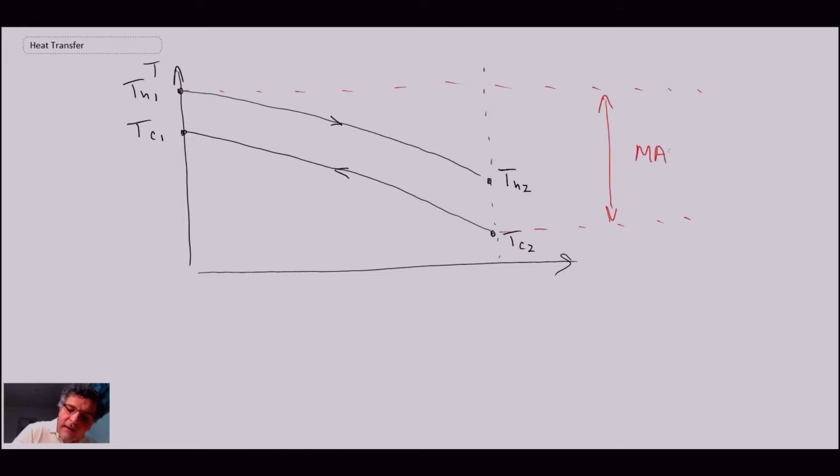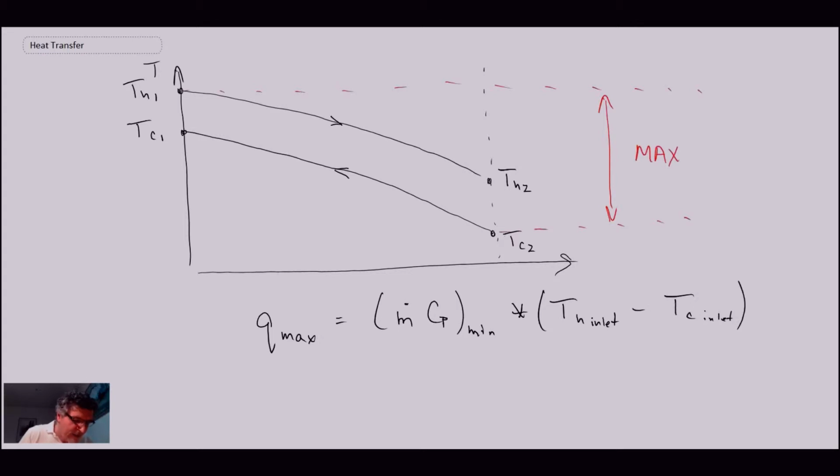And so with that, we can write Q max equals m dot c sub p for our minimum fluid, that would be the fluid where m dot c sub p is the smallest, multiplied by the difference of hot in minus cold in. That would be the maximum temperature swing that we could get.